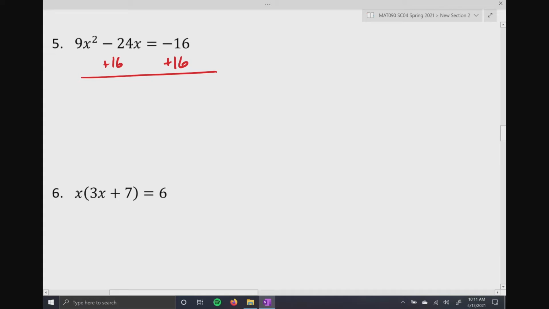Think about what those words even mean. 0 factor theorem. Set equal to 0, got to be factored. So I'm going to add 16 to both sides. That gives me 9x squared minus 24x plus 16 equals 0. So that's good. I'm feeling good about myself.